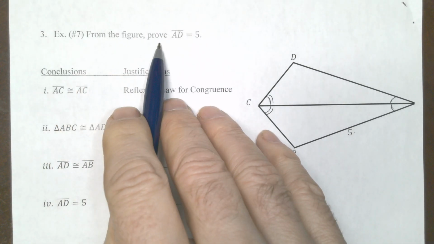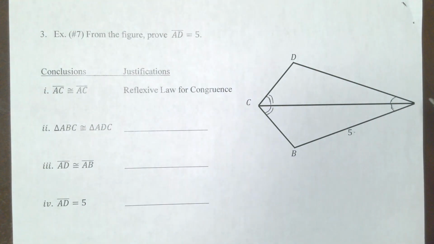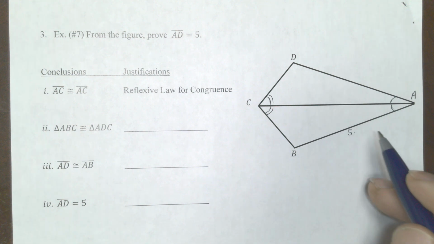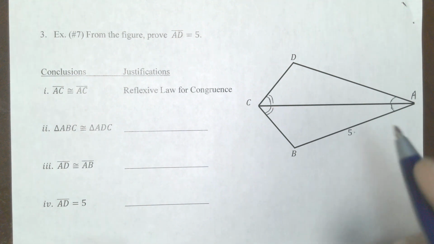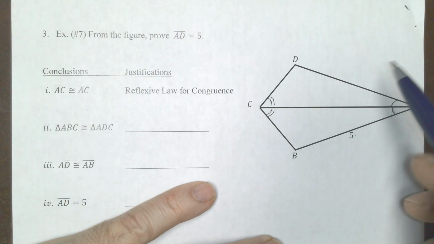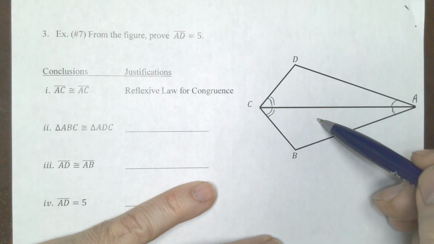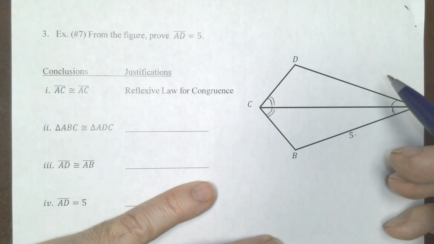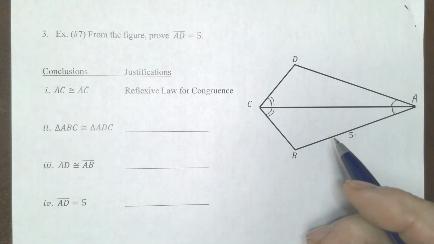We need to prove from that figure that the line segment AD, this is the point A right here, AD is also equal to 5. So notice that this line segment breaks us up into two triangles. Let's see if we can prove those two triangles are congruent.